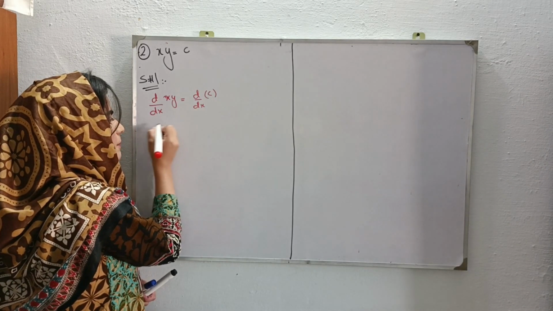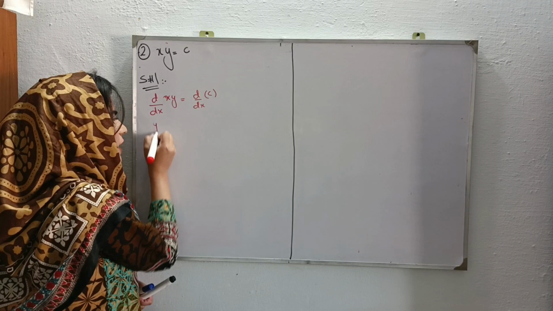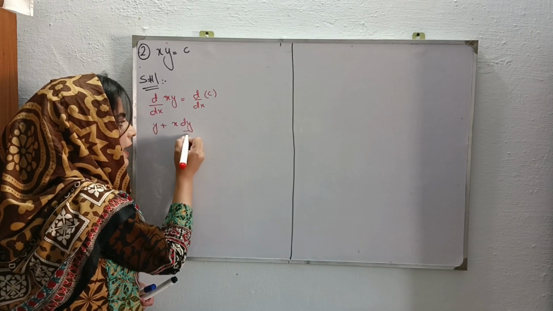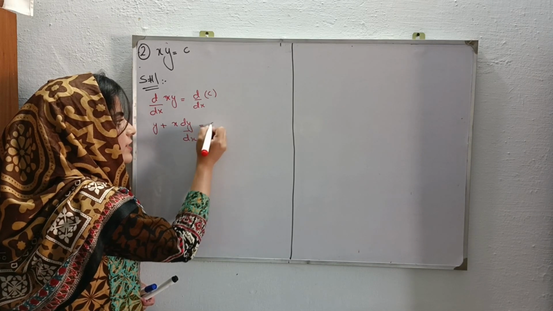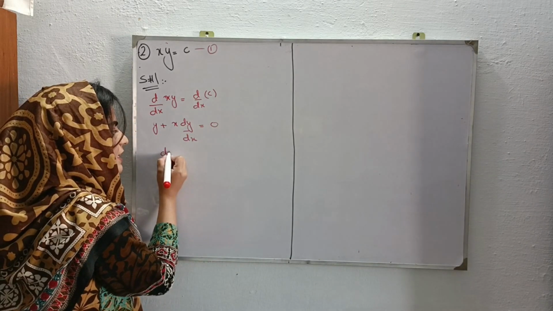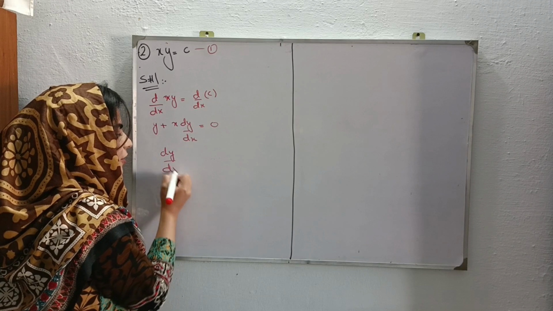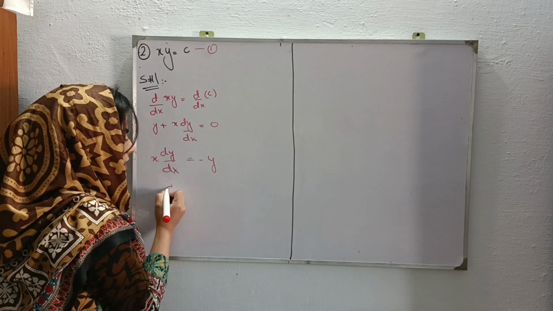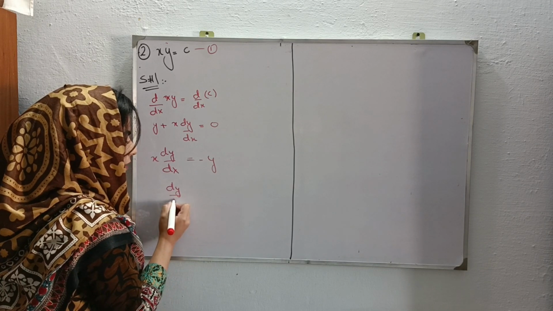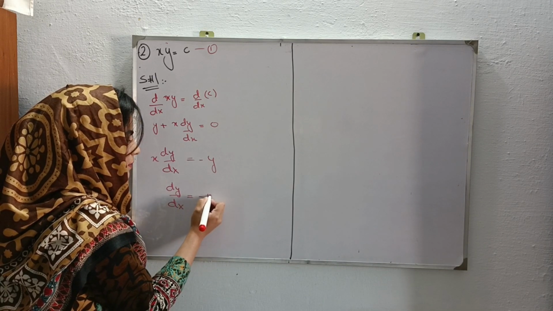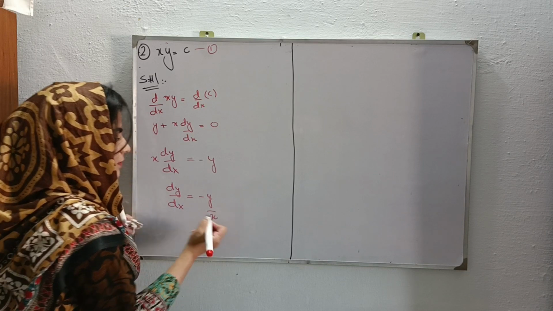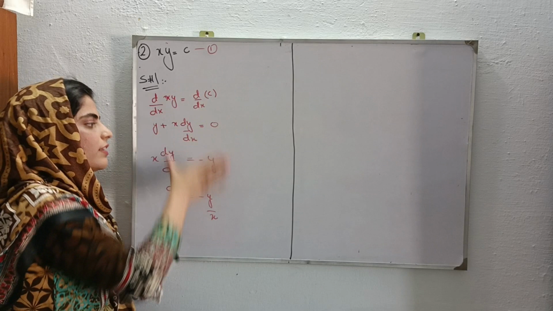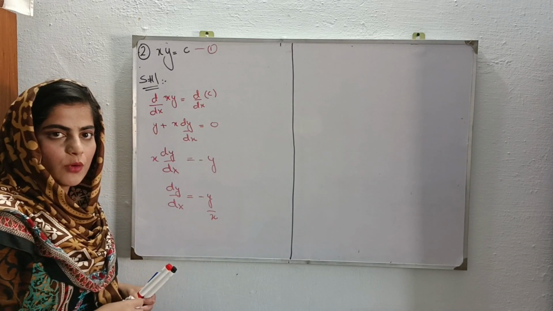So what you will get, y plus x dy by dx equals to 0. Eliminate dy by dx, we will write dy by dx equals to minus y by x. Okay guys, so this one was your step number 1, right?